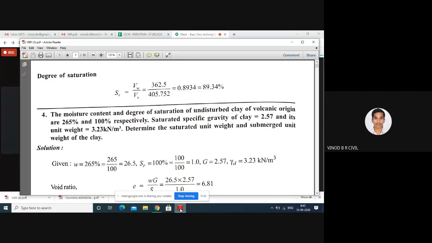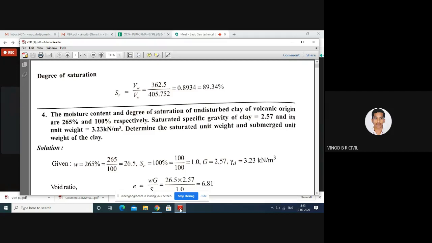Determine the saturated unit weight and submerged unit weight of the clay.